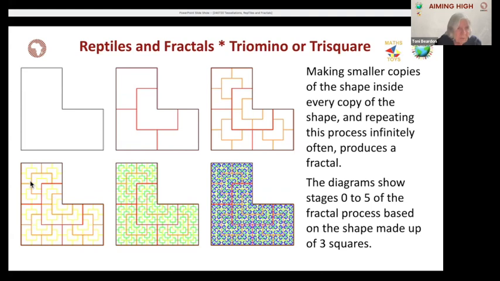But you can repeat that process again and again and again, and you can see how it's quite hard to see what's there when you get to this scale. And these are stages 0 to 5 of the fractal process based on the shape made up of 3 squares.